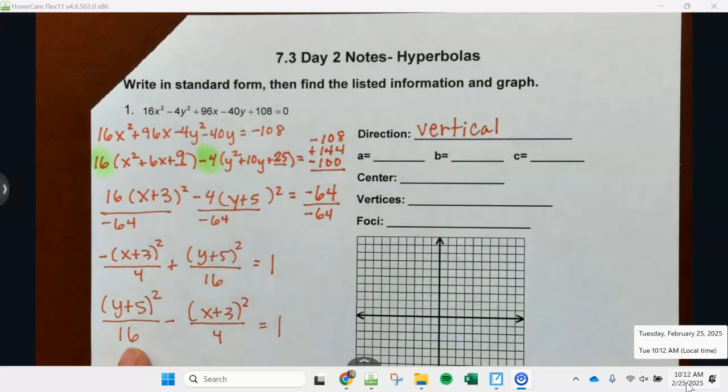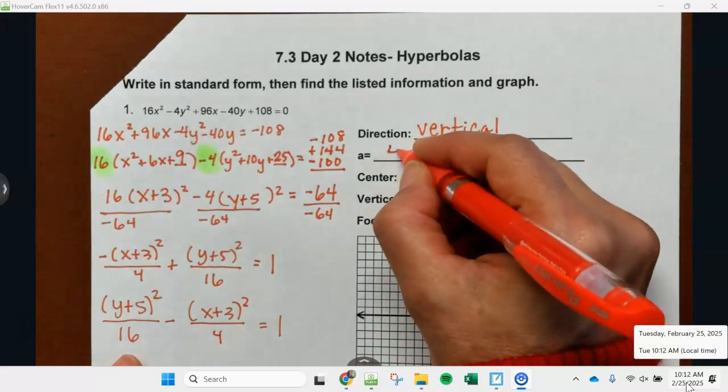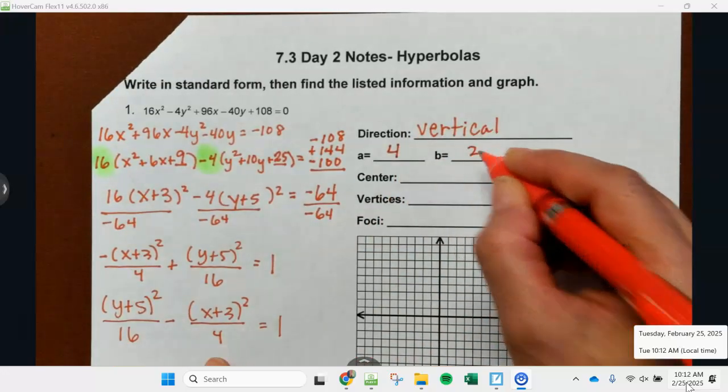A value, just square root of the first denominator. B value, the square root of the second denominator. C value, you just add those up, then square root it. So A is 4, B is 2.